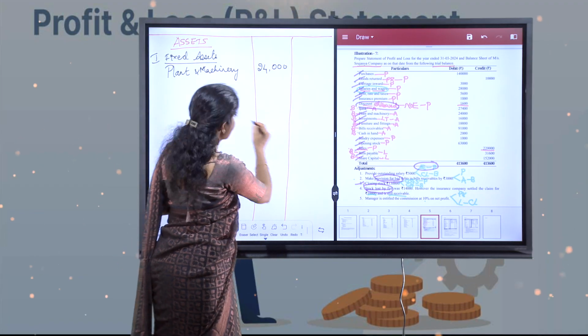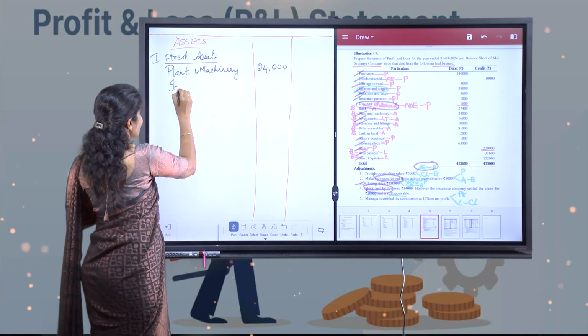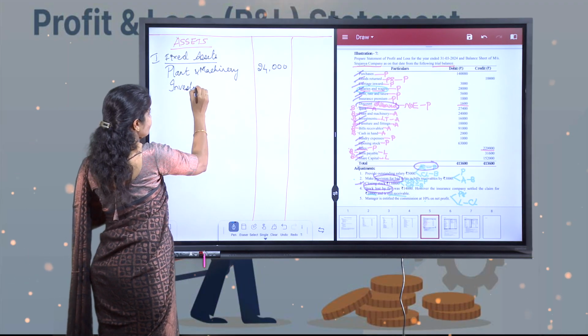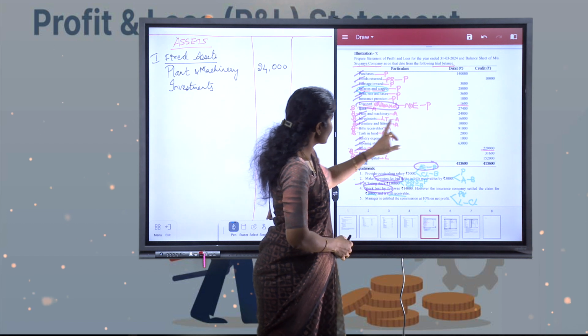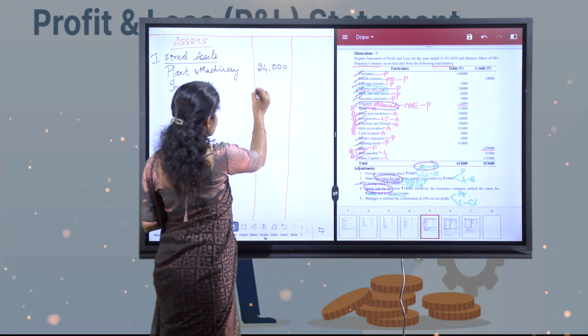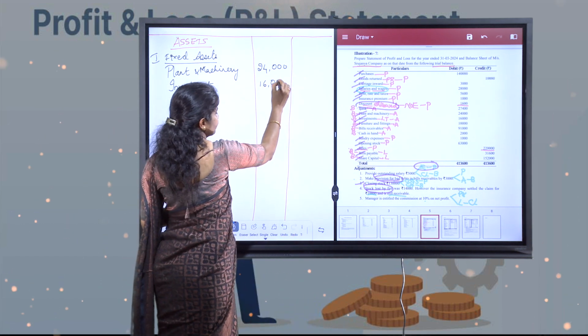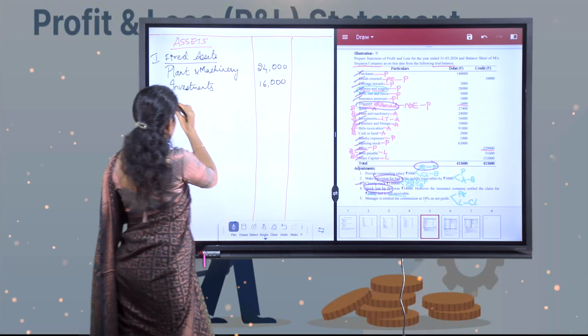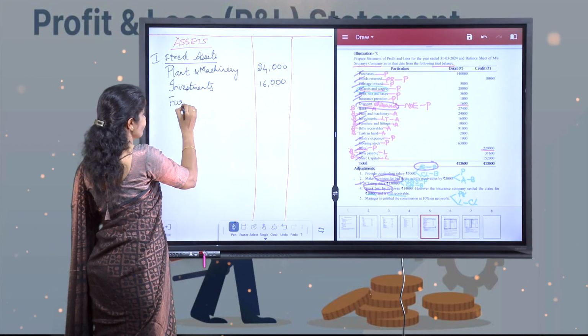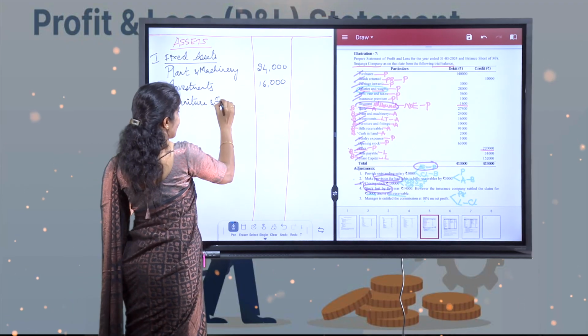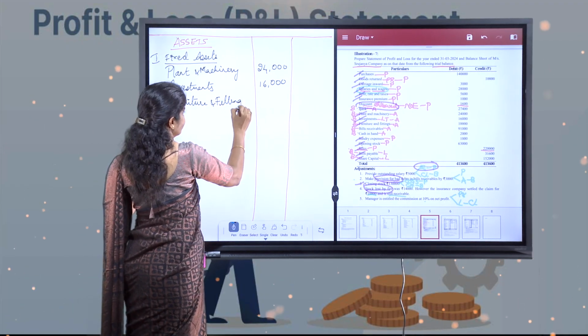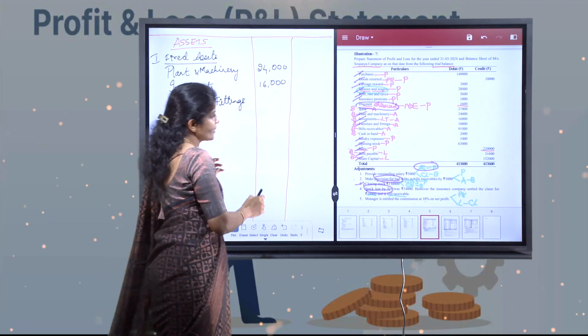Next we have investments. What is the amount of investments? Investments is 16,000. Then furnitures and fittings. What is the amount of furnitures and fittings?